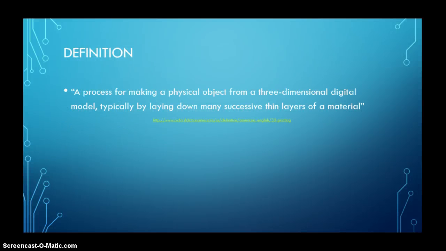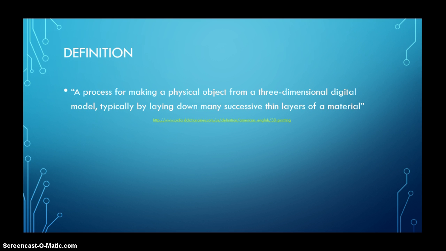So we're going to start out with just a simple definition. I found this on the Oxford Dictionary's website. 3D printing is defined as a process for making a physical object from a three-dimensional digital model, typically by laying down many successive thin layers of a material. From this definition, I think you can kind of picture in your mind what 3D printing is.